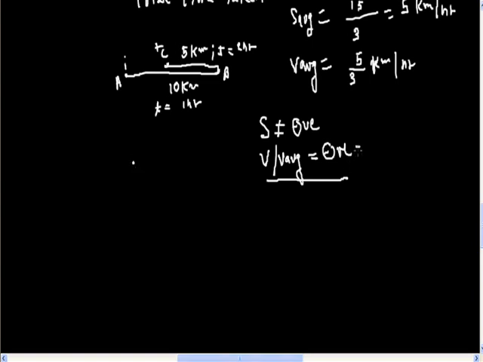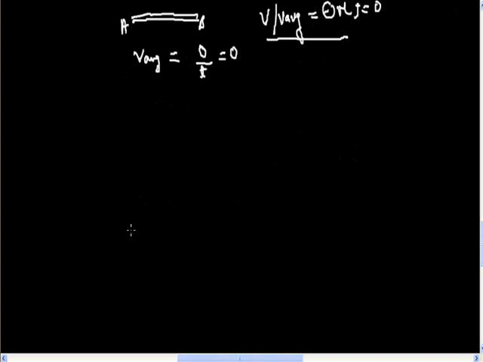Let's say an object travels A to B and then returns along its path B to A again. The average velocity equals total displacement, which is 0, upon time t. Then average velocity comes out 0. So average velocity can be 0.